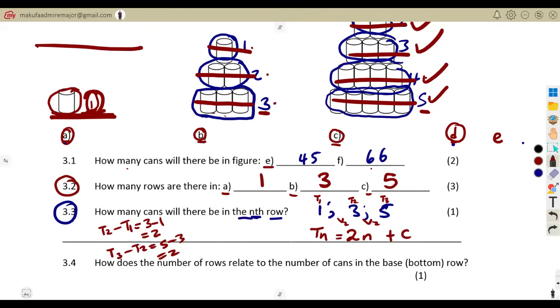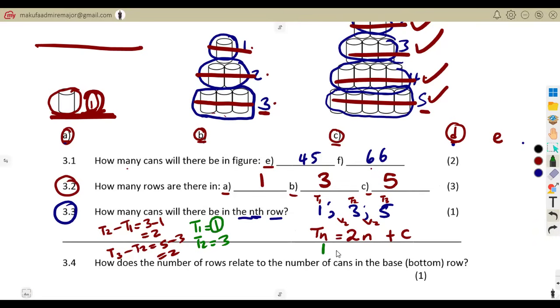The C is the one that you can find in this way. The first term is 1, so T1 is equal to 1. The second one is 3, so T2 is equal to 3. We can substitute in place of Tn.